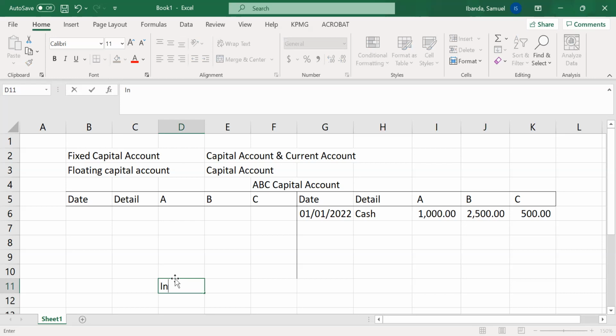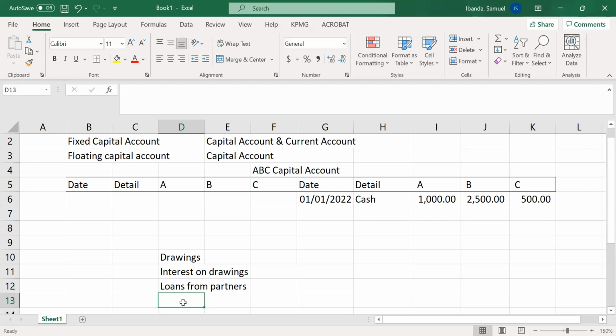And as we saw, we have aspects of, let's say, interest on drawings. So partners can take drawings, but can also have interest on drawings. We can also have loans from partners. And this also comes with interest on the partner loan.